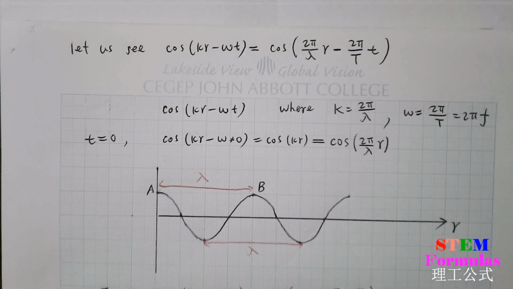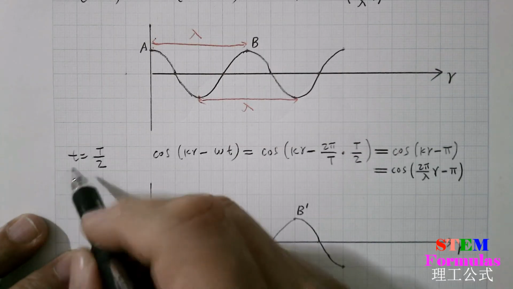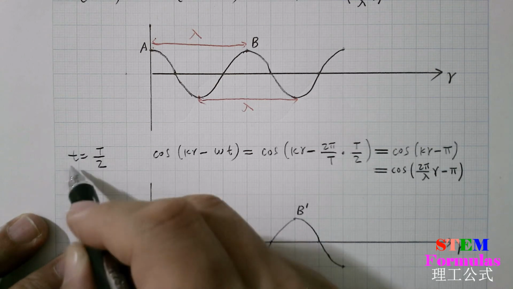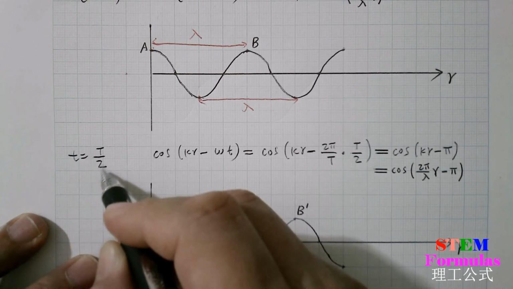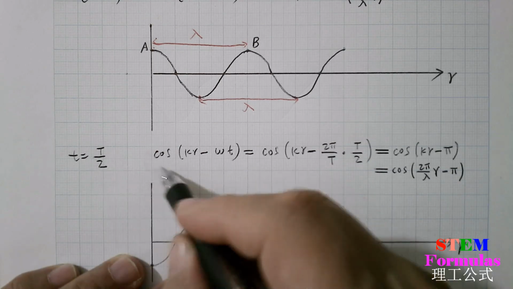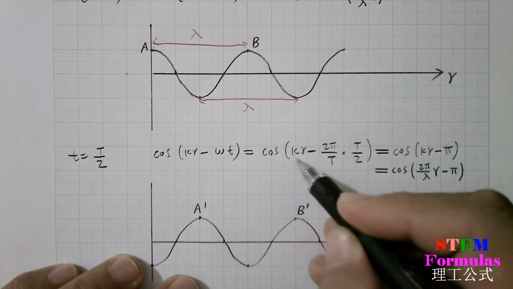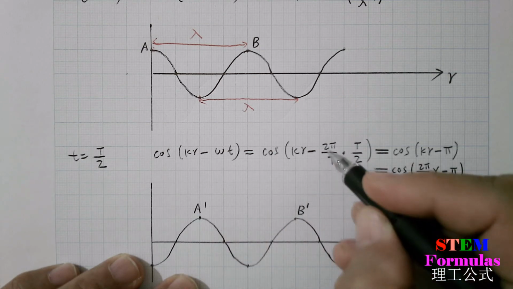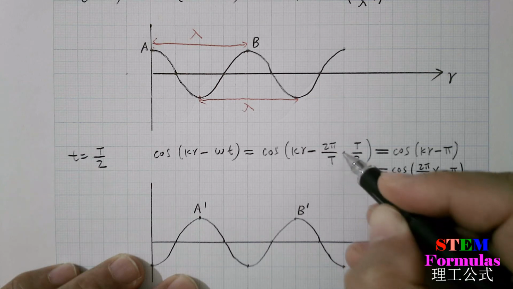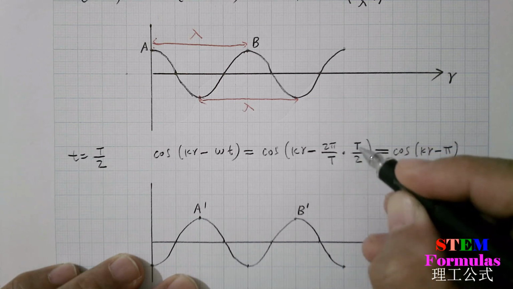Now, if we draw another time, let's say at time equal half period, T divided by 2, I have cosine k r minus omega t equal cosine k r minus 2 pi divided by T times t. Now t equal half period.